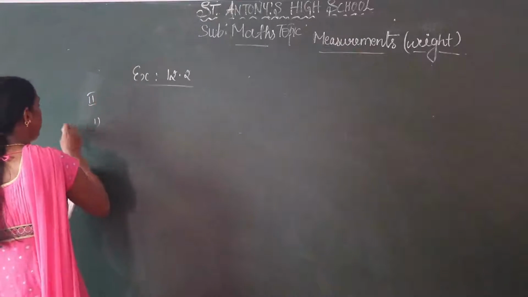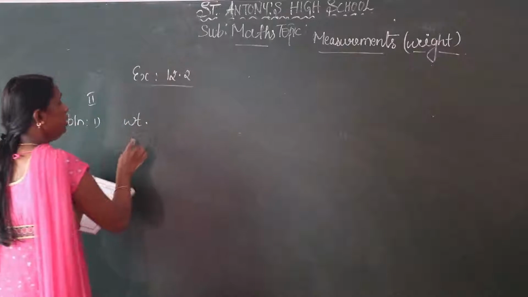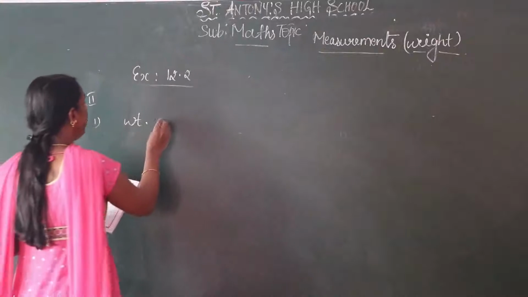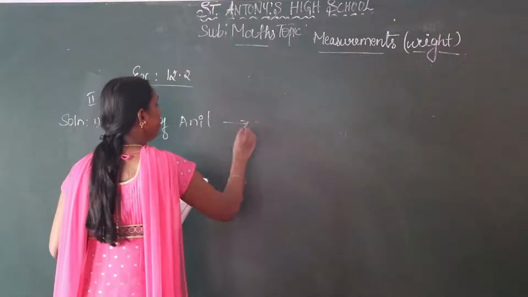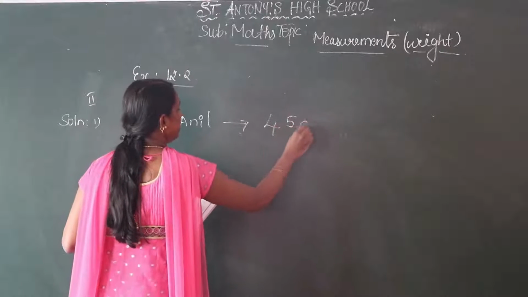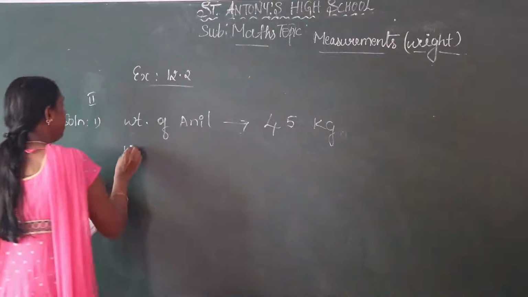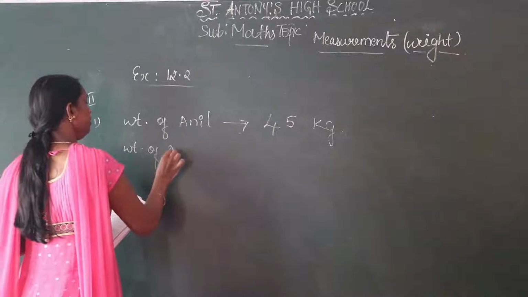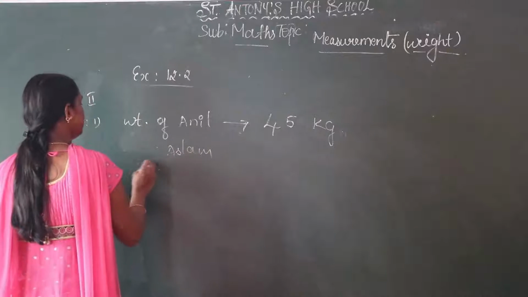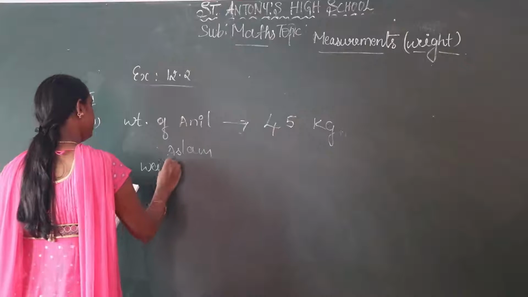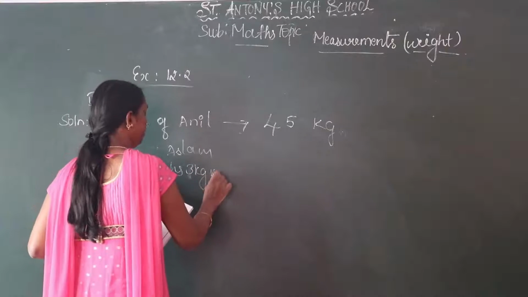Second is solve the following solution. Weight of, so you can write in the short form, weight of Anil, how much you have? 45 kg. Weight of Aslam, so he weighs, okay, Aslam weighs more than, so 3 kg more than Anil.